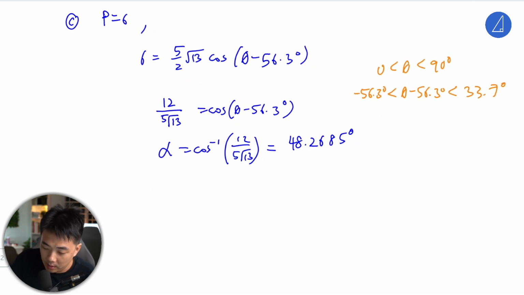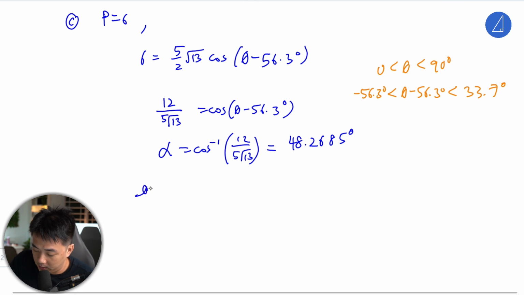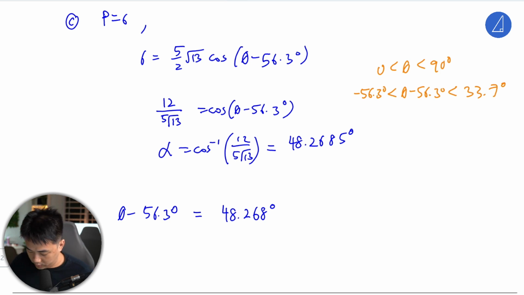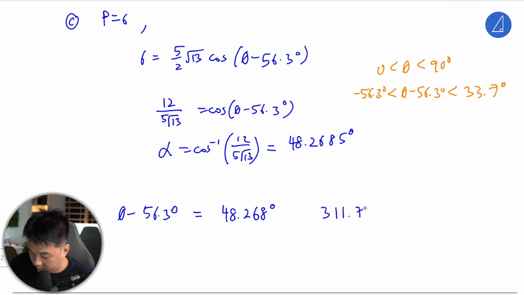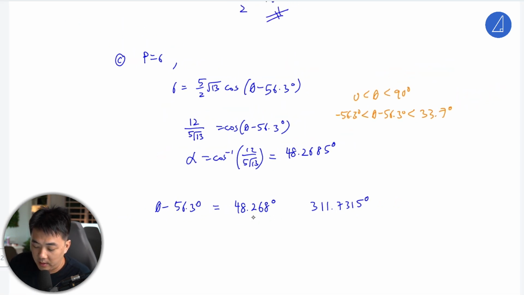Take note that for theta minus 56.3 degrees, cosine we have got quadrant 1 and quadrant 4, right? So it's 360 minus 48.2, 311.7315. Okay. This is definitely out of range.